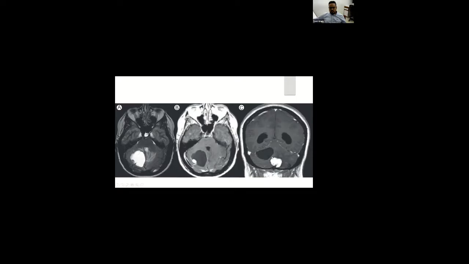In addition, we can see another avidly enhancing lesion at the level of the vermis, which is resulting in obstructive hydrocephalus. So basically, these lesions are causing a significant pressure effect over the fourth ventricle, which is causing supratentorial hydrocephalus. So this was a case of hemangioblastoma.